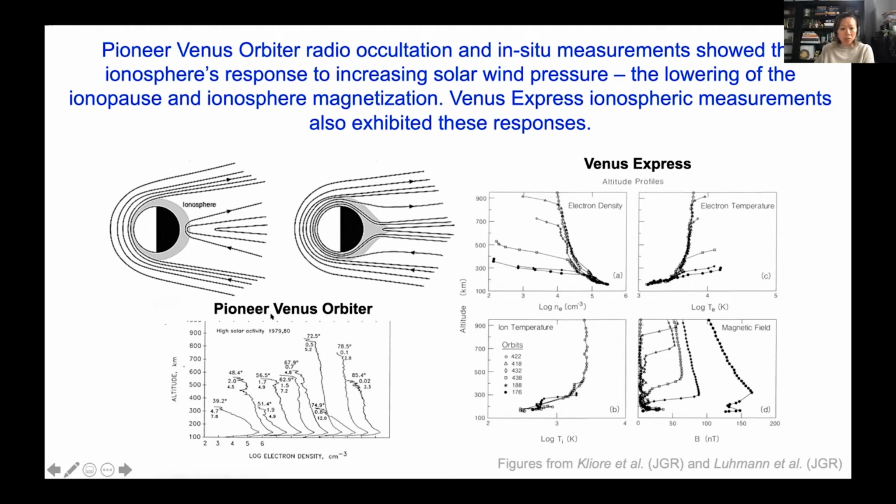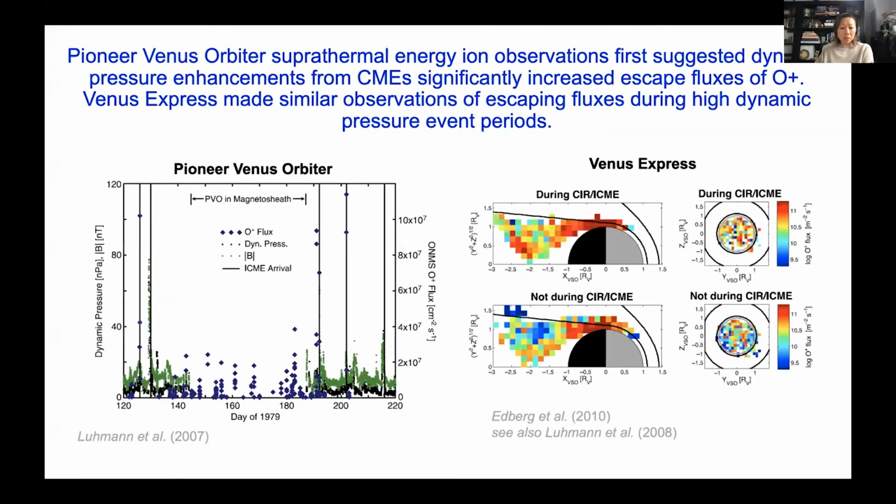On the bottom left, showing the PVO altitude profiles of electron density, showing the response to high pressure events. Right-hand side, Venus Express observations showing similar profiles of the ionosphere in response to high pressure events. And of course, there's also escape of oxygen ions. PVO made this first observation and suggested that high pressure enhancement from CMEs causes the oxygen ion escape.